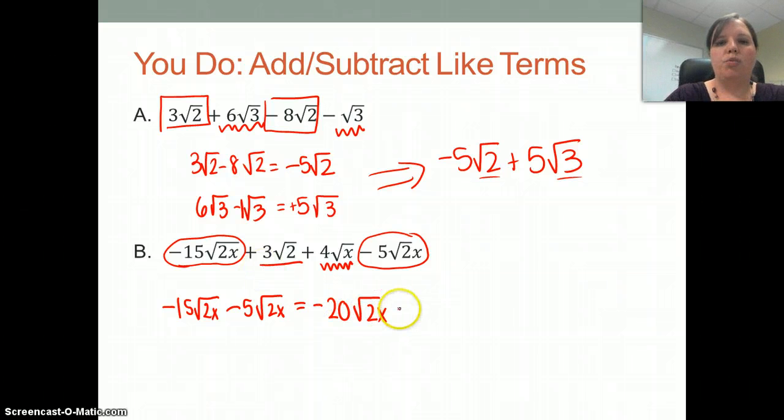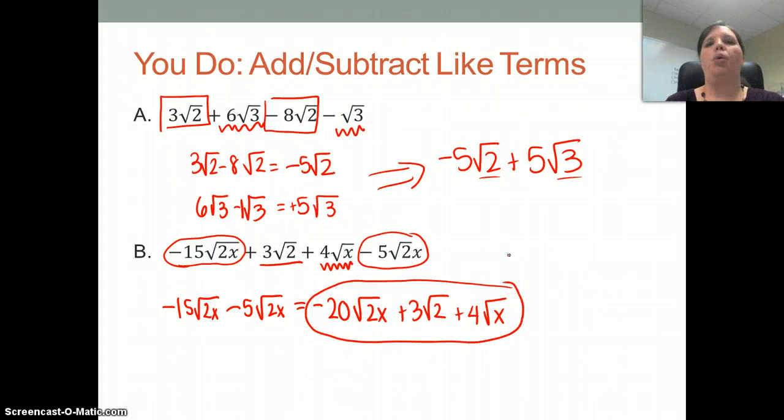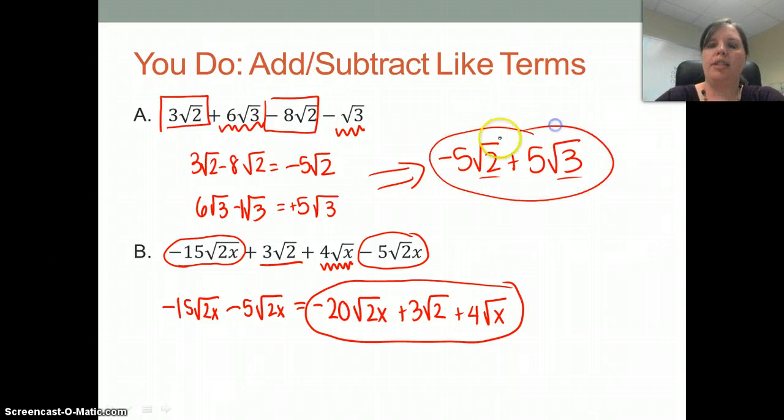And then the plus 3 root 2 and the plus 4 root x. Again, to combine, your radicals have to have 100% identical radicands. So if the radicands don't match, don't combine those terms because they're not like terms. So that's my answer.